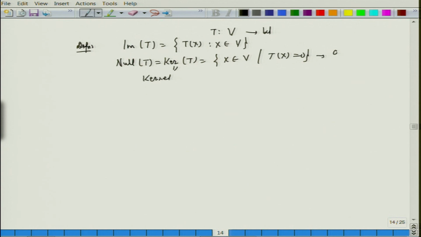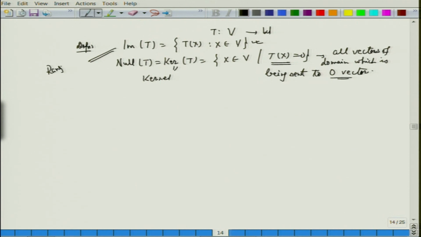So this is all vectors of the domain which are being sent to the 0 vector, everything which is being sent to 0, and this is the image or the range of T. So go back to your matrices, or you can just prove it yourself, that the range of T and the null space of T are spaces, so vector subspaces.